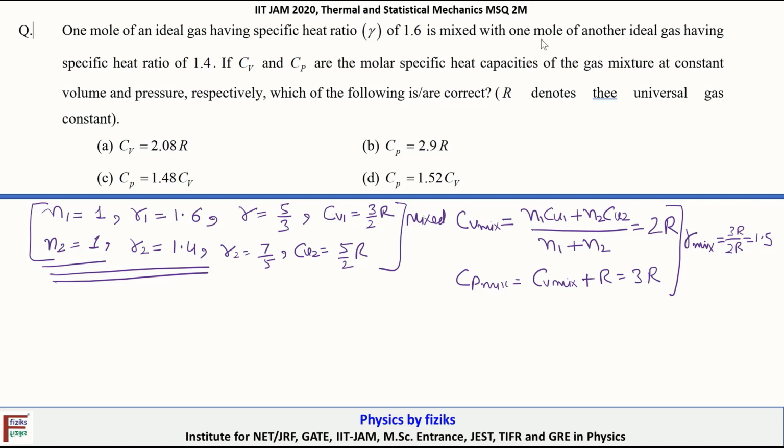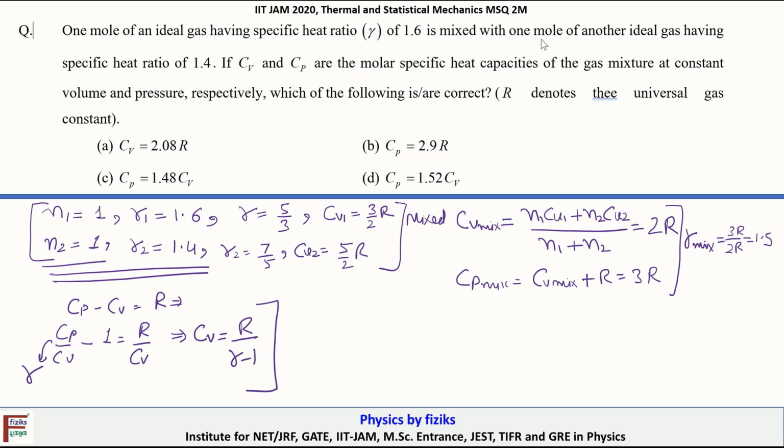As we know, for an ideal gas, Cp minus Cv is equal to R. If we divide both sides by Cv, we obtain Cp upon Cv minus 1, since Cv divided by Cv is 1, equal to R upon Cv. Here Cp by Cv is equal to gamma. So that means R divided by Cv is equal to gamma minus 1. From here we can arrive at this result: Cv is equal to R upon gamma minus 1.